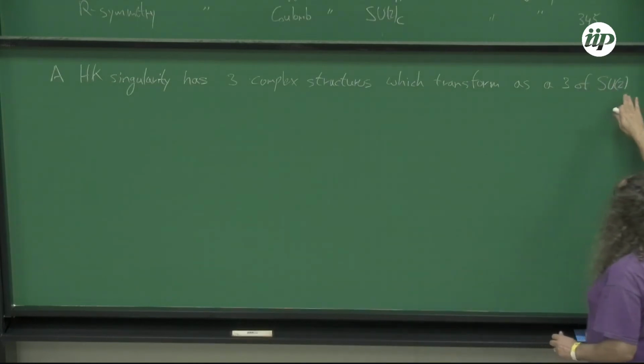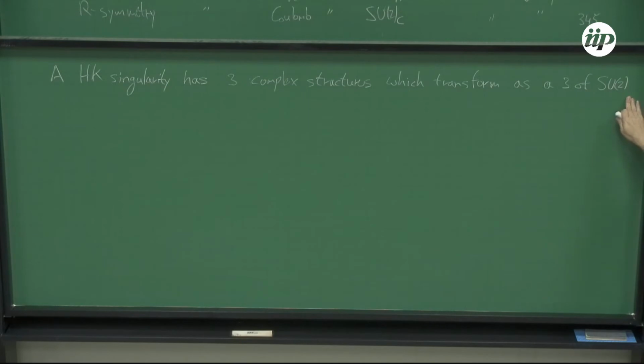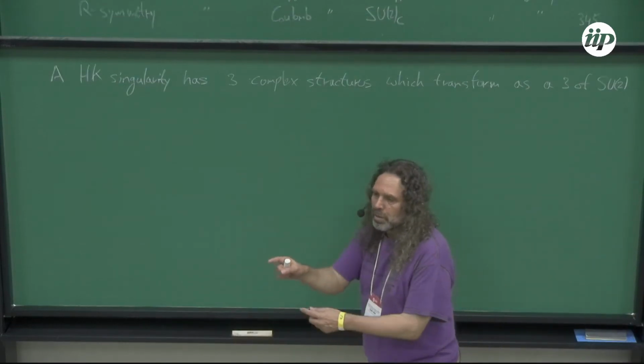So it's either SU2C when I talk about the Coulomb branch, or SU2H when I talk about the Higgs branch. And when we do this notion of symplectic and holomorphic, we keep the symplectic form, but we pick 1 out of 3 complex structures.